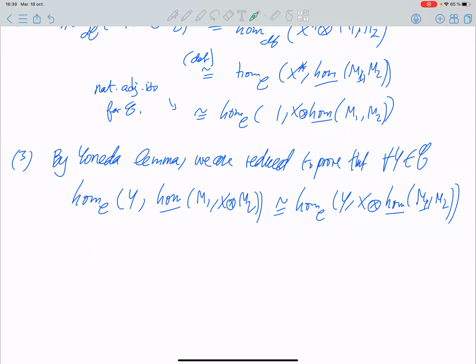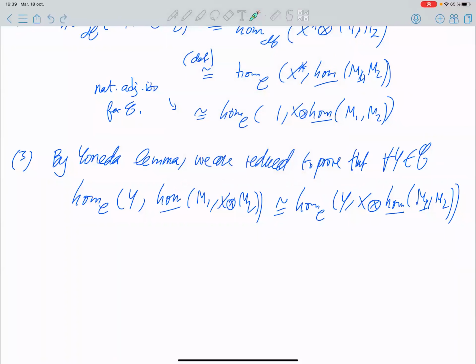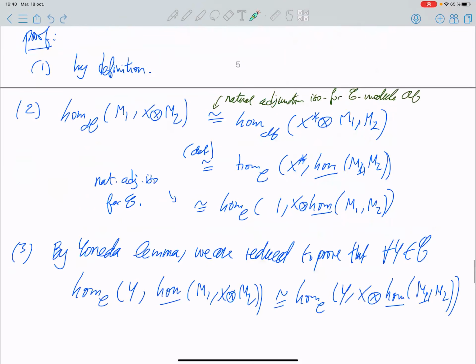So what we want is the natural isomorphism between that and that, but we can reduce that to proving it on this Hom space. And why do we do that? Because it's much more convenient to make some calculations.